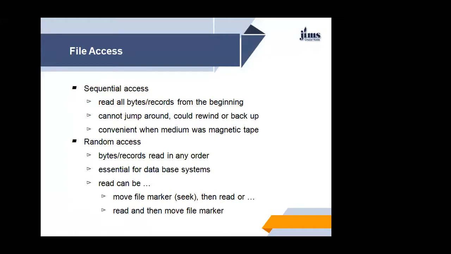This is essential for database systems, since in a database the data could be accessed for any data you require. There would be a marker for that position, and you can go to that access.